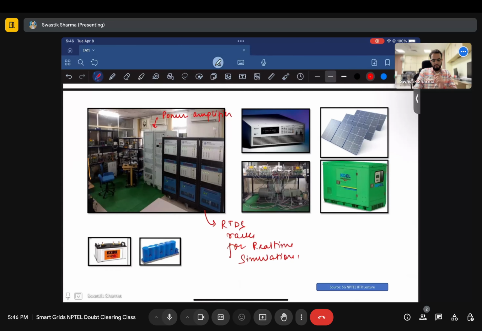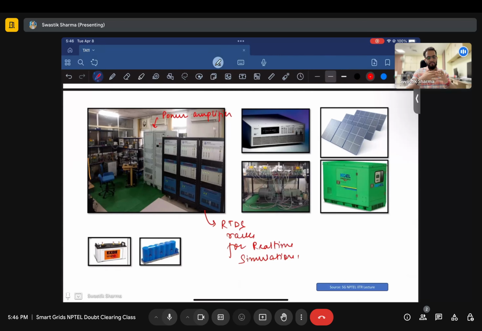What this power amplifier does is it simulates the environment of an AC microgrid or a DC microgrid, if you have one, and it supports it by modeling it as a microgrid.